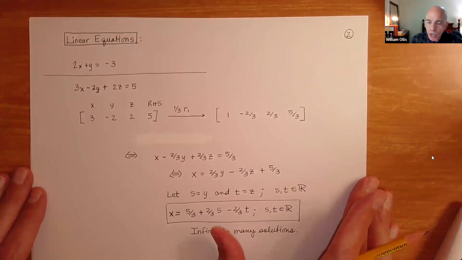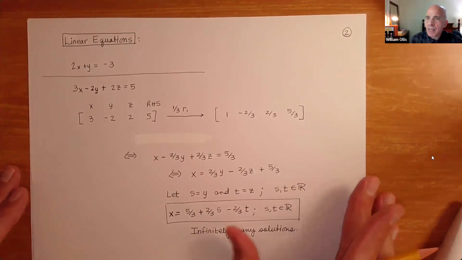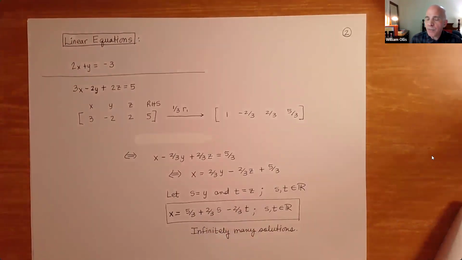And what I want to show you here is that even when we're just working with one equation and 3 unknowns, we can still process the solution. You're thinking, well, where are the other 2 equations? Well, we don't always have that.